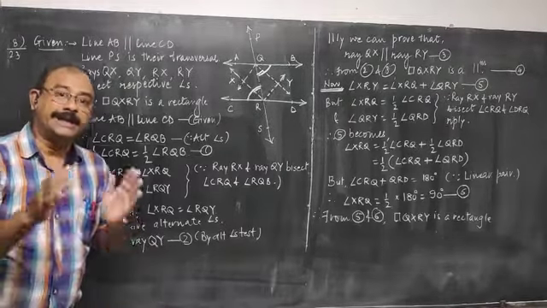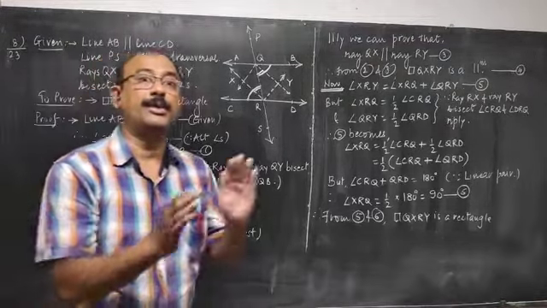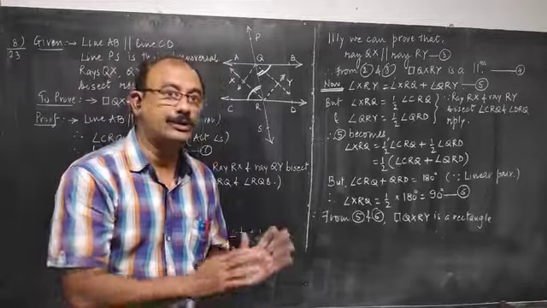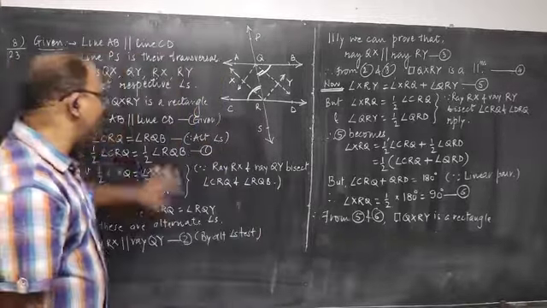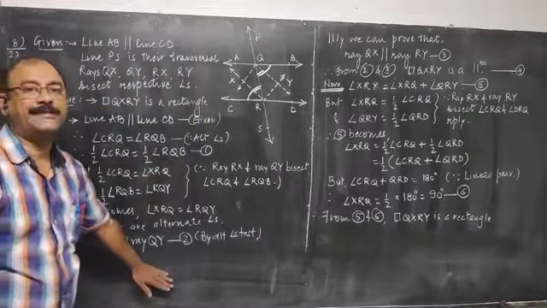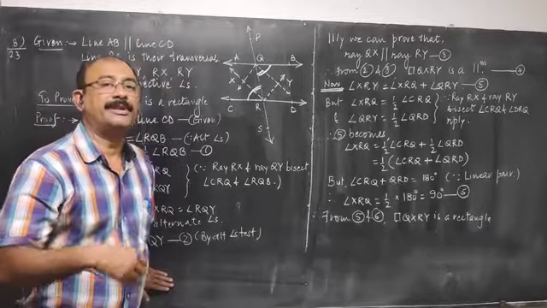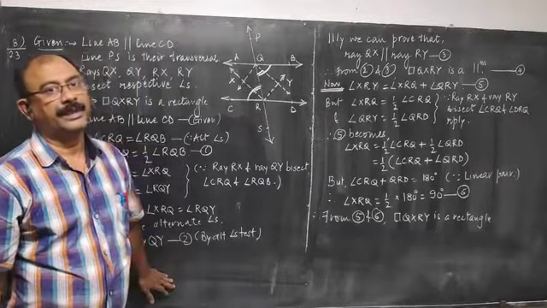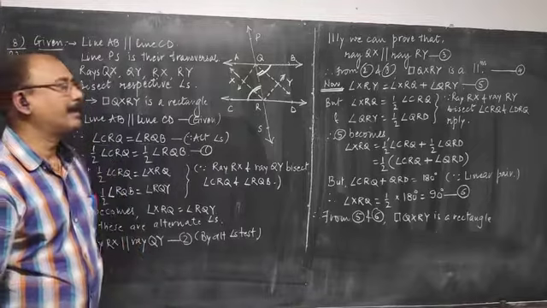This is what exactly we have done in problem number 5, that the two rays are parallel. So till here, whatever I have written is actually the repetition of question number 5.